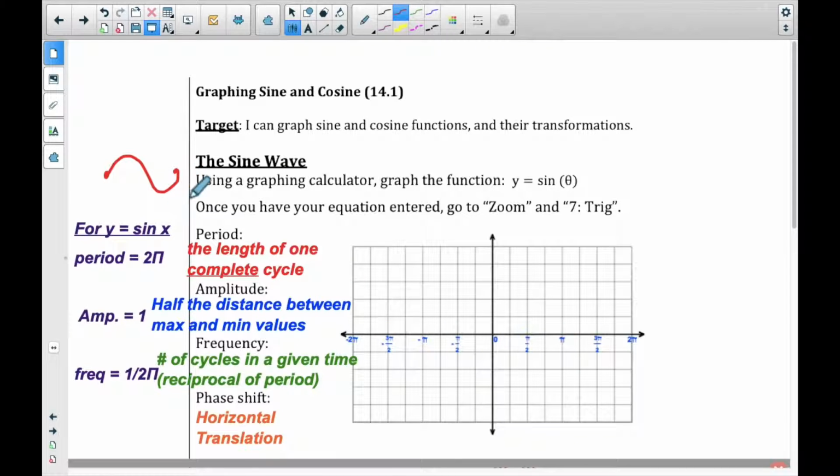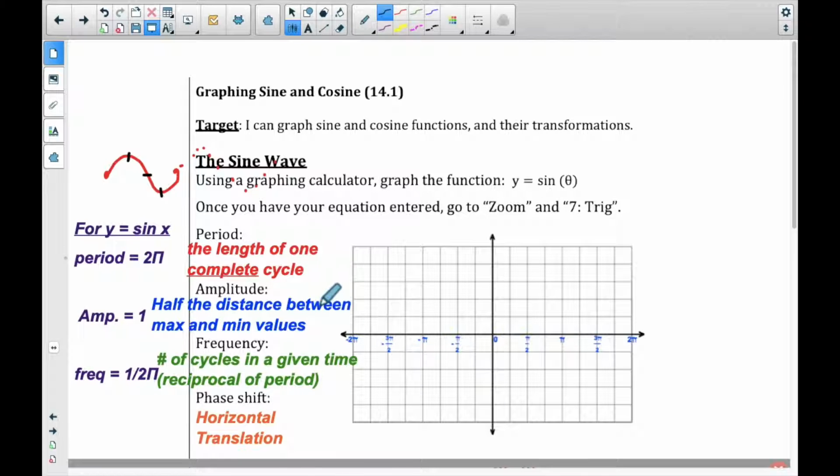So that's one complete cycle, because after that, it's going to keep going again and again and so forth. So for a sine wave, this is one complete cycle, kind of like a sideways S. I think about it in 4 chunks, because it goes up, down, down, up. And we'll talk about that here in just a second. But that's one period. It goes through an entire period, the length of one complete cycle.